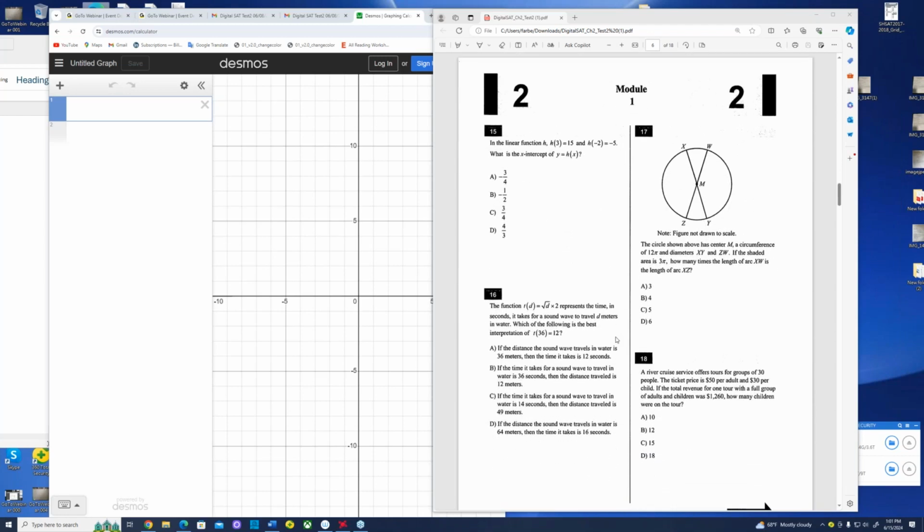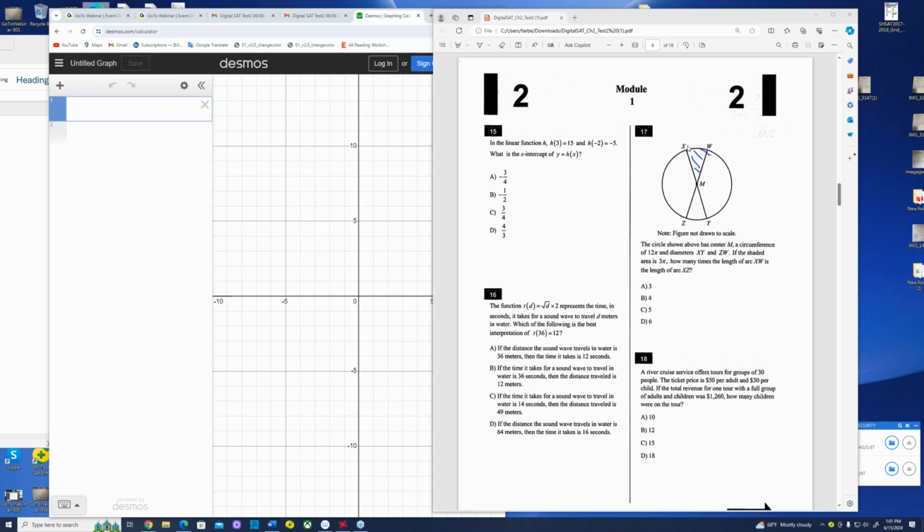Number 17. You see this, they're supposed to be shaded. Let me use a pen. And this is shaded, this part. Okay.